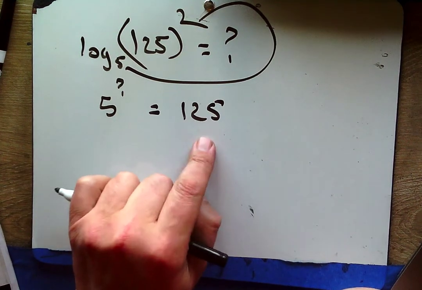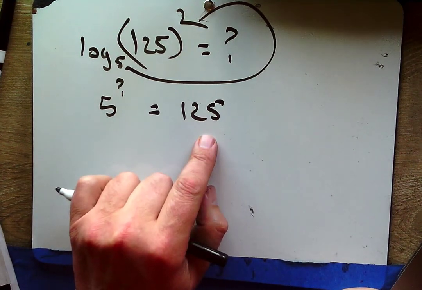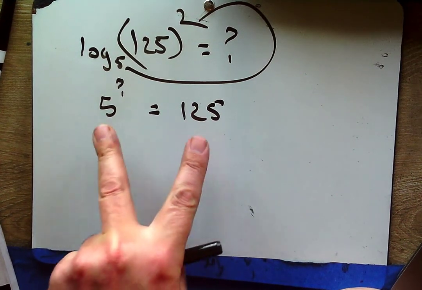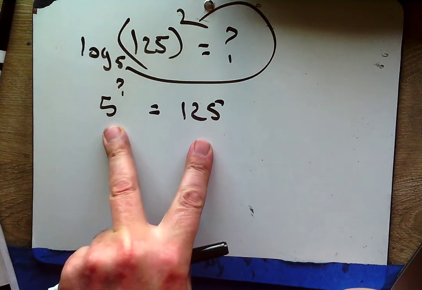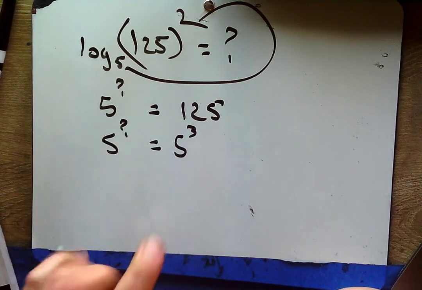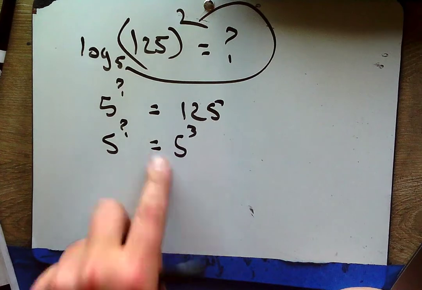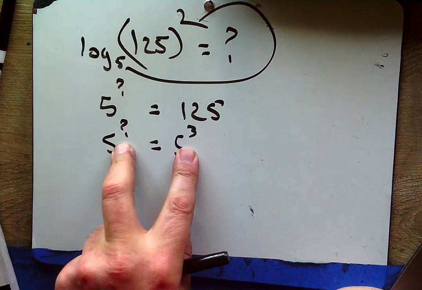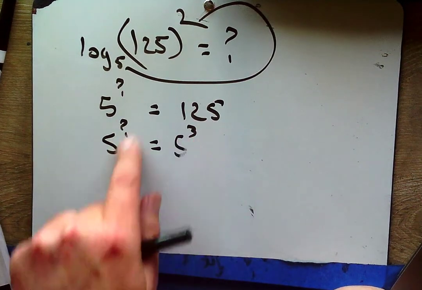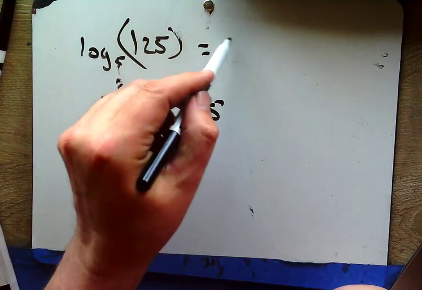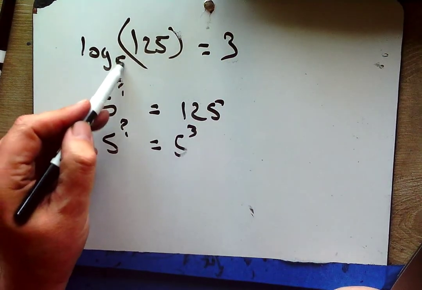Because I remember when we were doing algebra basics and working with exponential expressions, we said we should rewrite them so they have the same base. This is 5 to the third. Oh, look, the bases are the same and the terms are equal, so what must be true about the powers? The powers have to be equal, so 3 equals question mark. And that question mark has to equal 3. Okay?